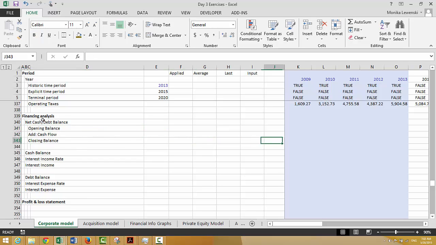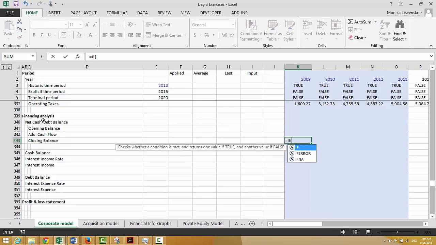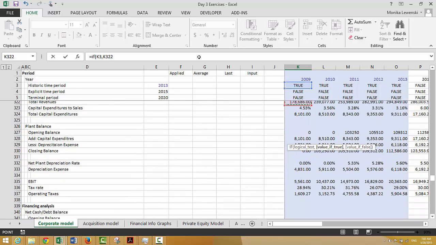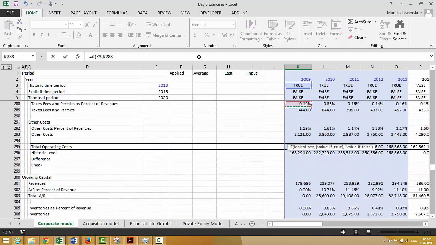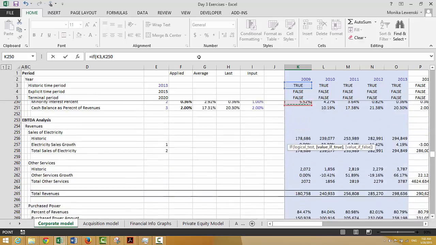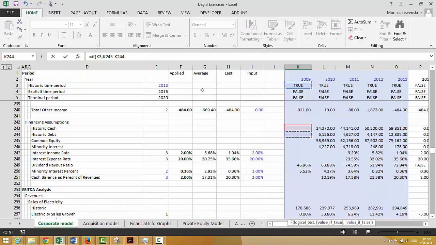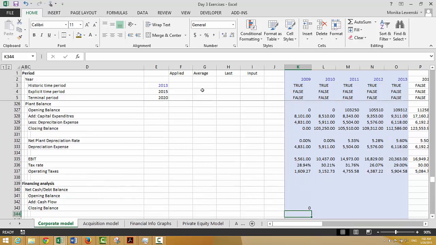Let's start with the closing balance of the cash and the debt. We're always going to use this if statement: if it's the historic switch, then we'll put the cash minus the debt, which is what we did in the assumptions.